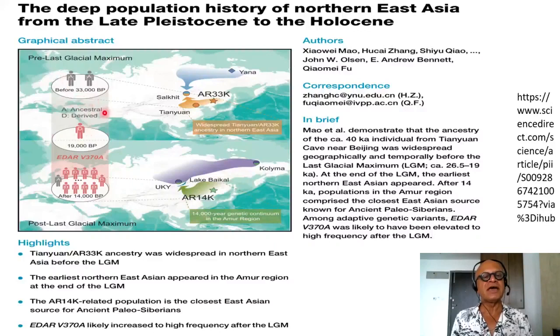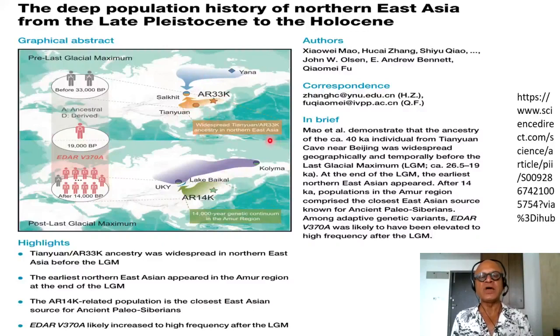So you can see ancestral and derived populations. These were all ancestral. By 19,000 you had derived populations in East Asia, and after 14,000 BP you had lots of derived populations with some ancestral populations remaining. So these are the sites being looked at here.